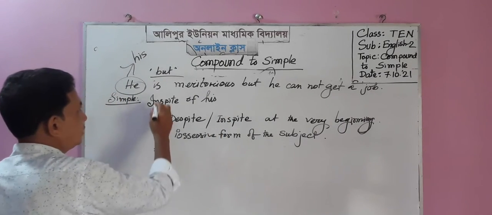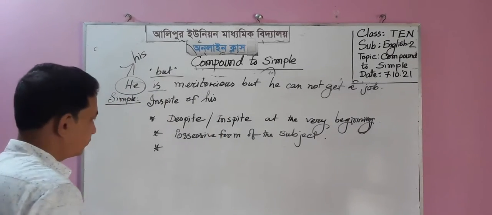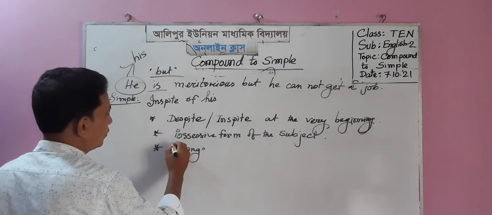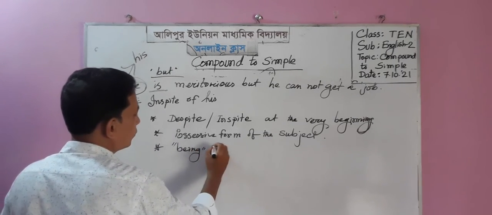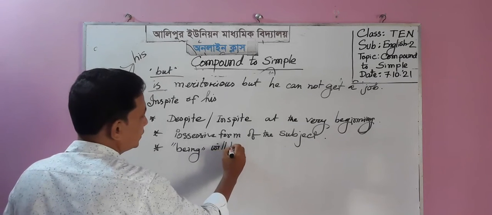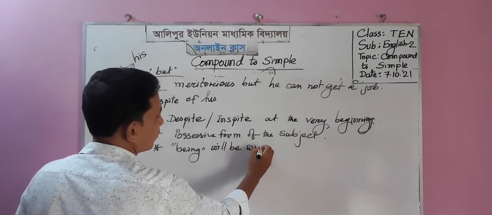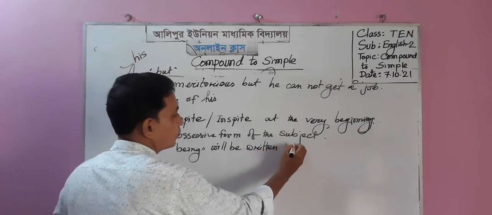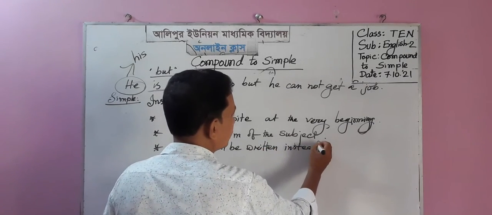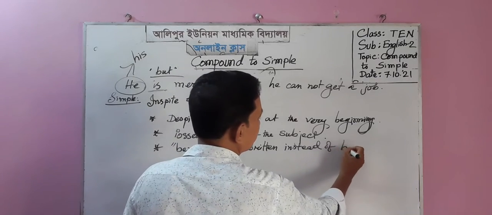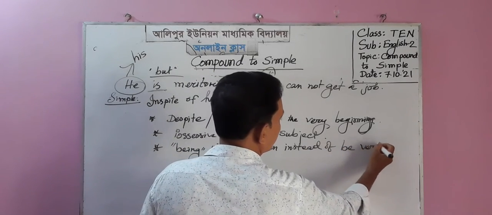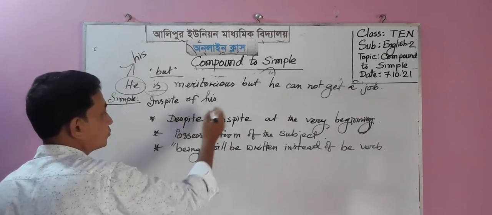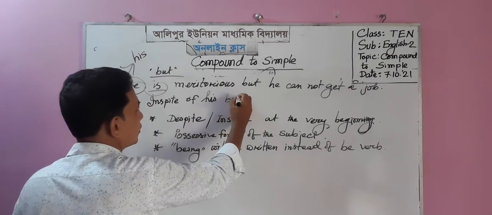And then if the verb is a be verb, being will be written instead of the be verb. Here, is is a be verb, so we may write here being.